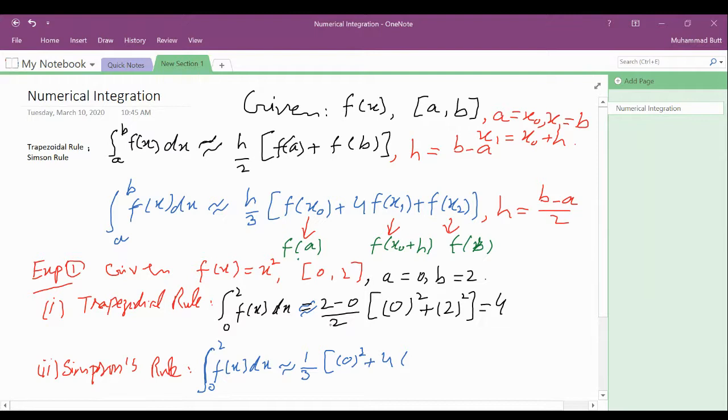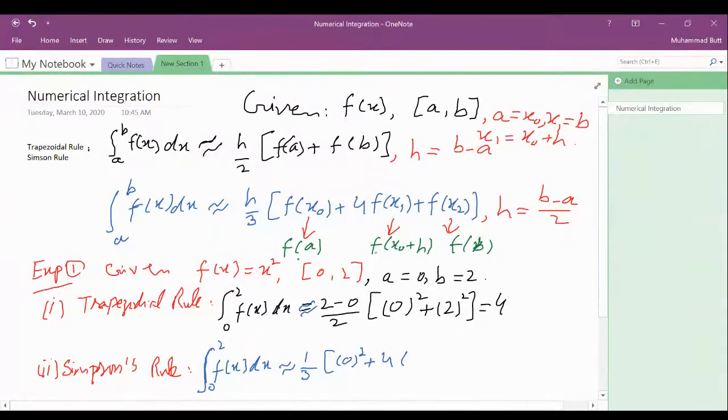So what is x1 here? X1 is x naught plus h. X naught is 0 and h is 1, so 0 plus 1 is 1. So f of x1 is f of 1.